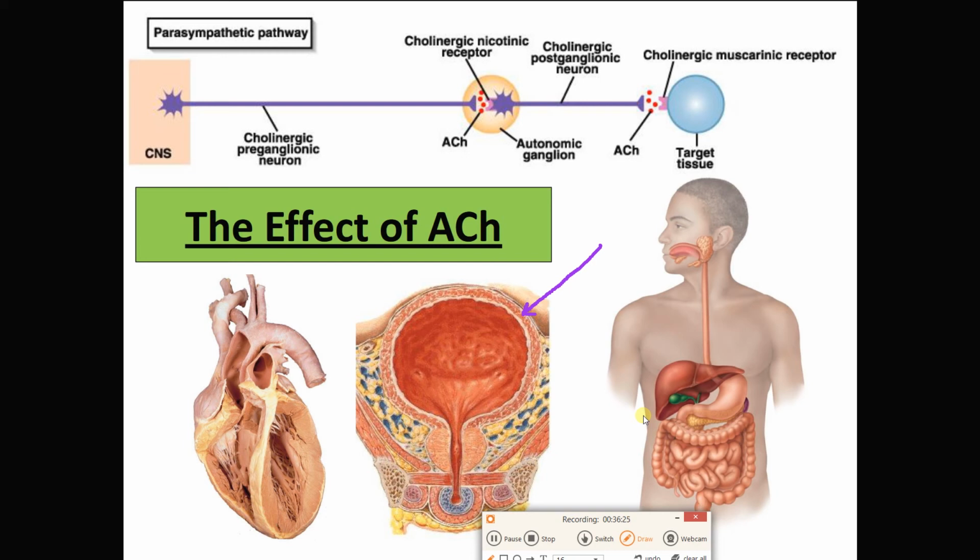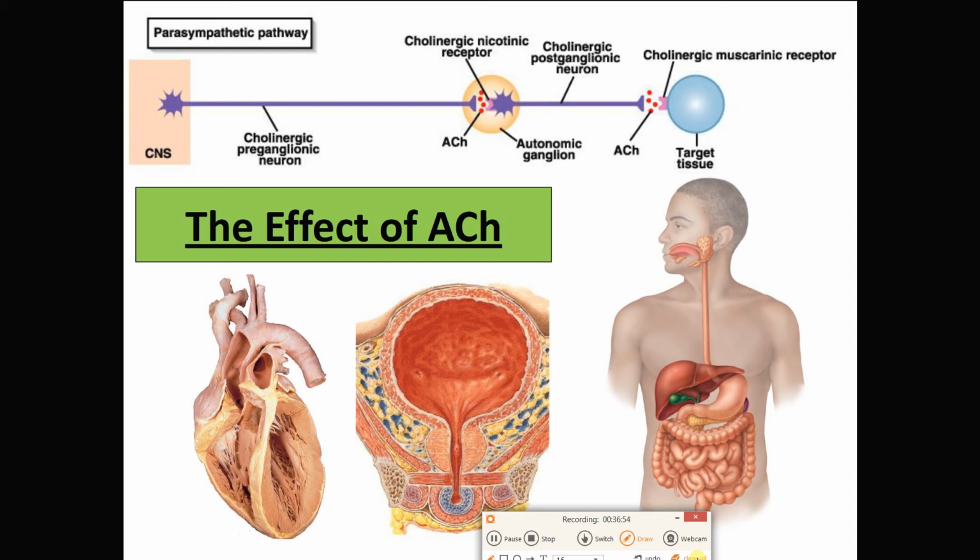So more muscle contraction in digestive organs and more secretions in digestive organs. So salivary glands will secrete more, stomach, pancreas, liver, intestines secrete more. Stomach, intestines, their musculature, their smooth muscle is going to contract more. Okay? All right. Let's get rid of that arrow there.